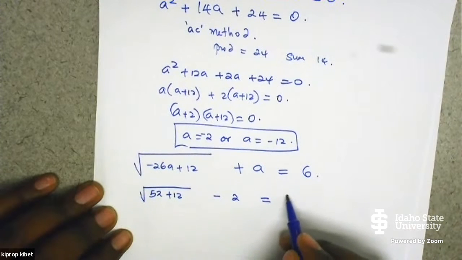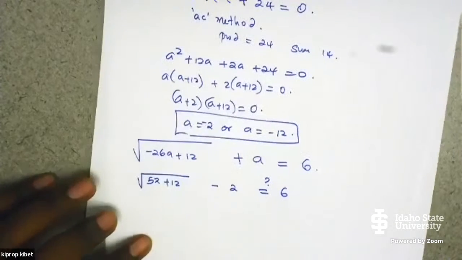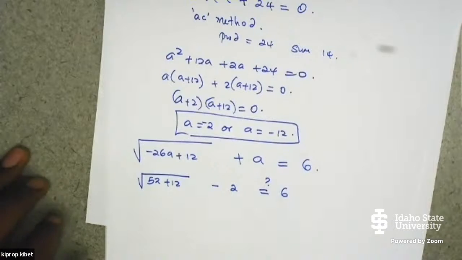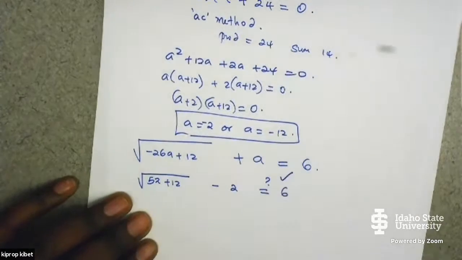Does it equal 6? So 52 plus 12 is what? 64. The square root of 64 is 8. 8 minus 2 is 6. So it's giving us the correct answer.